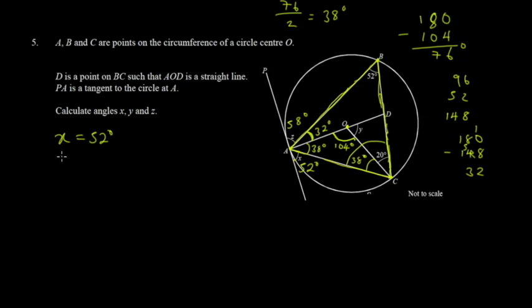So z is equal to 58. Now y is this one right here, resting on a straight line, right? So 180 minus 104, then obviously you get 76. So this one must be 76.